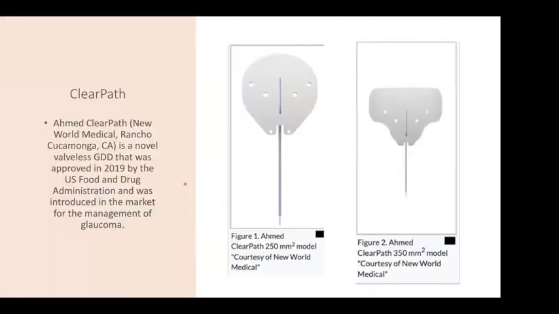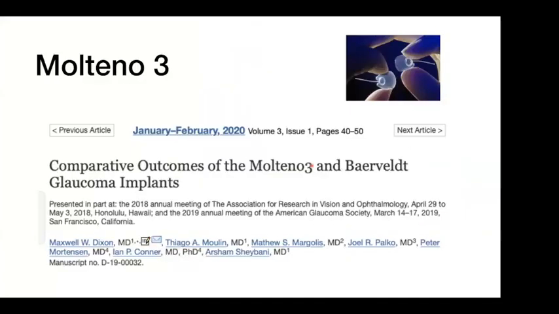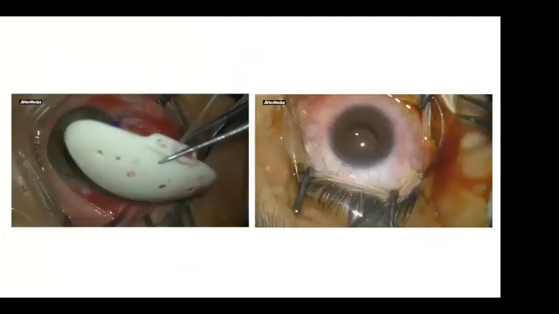And this is the ClearPath, which is the product of New World Medical. These are the two sizes, and it actually comes with a 4-0 Prolene suture that occludes the tube temporarily. And then this is the Molteno tube. Again, it's trying to come back to the market.